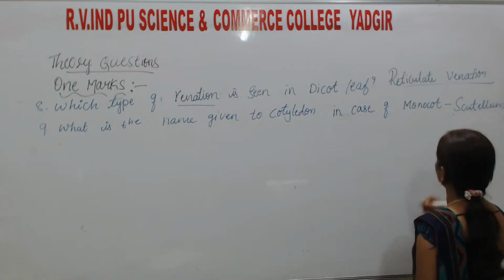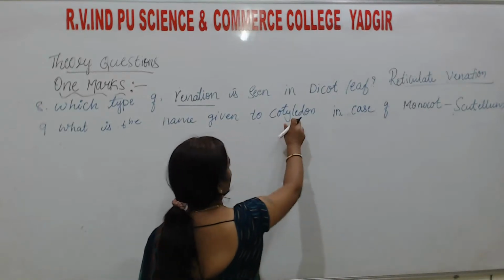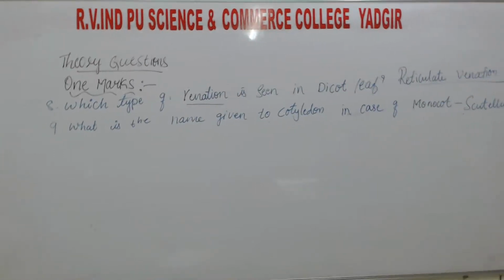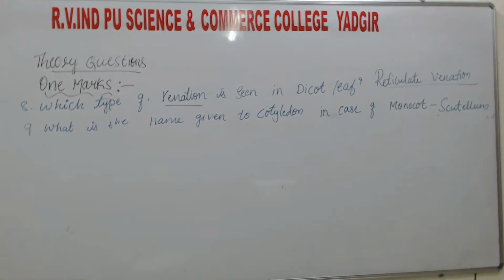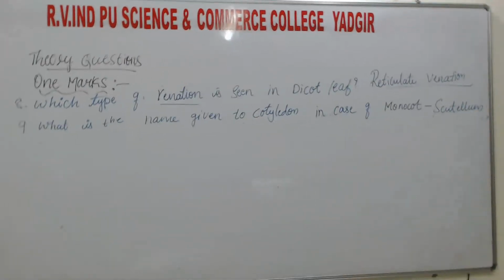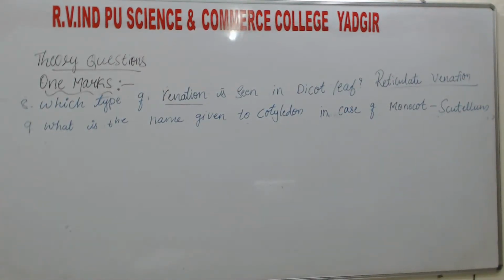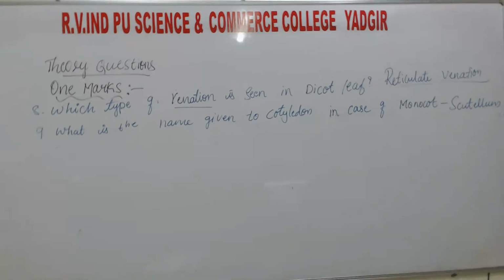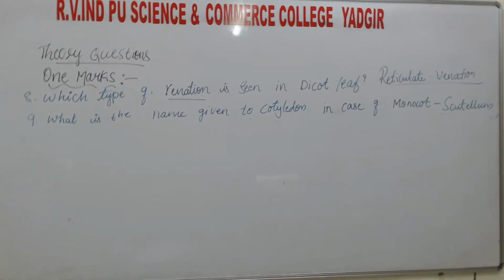If you draw the diagram of a monocot, the cotyledon we usually call scutellum. Okay, scutellum. Next question.